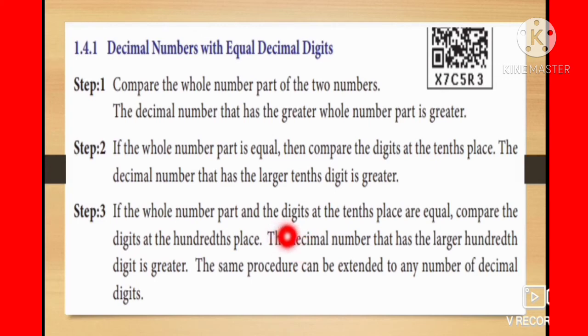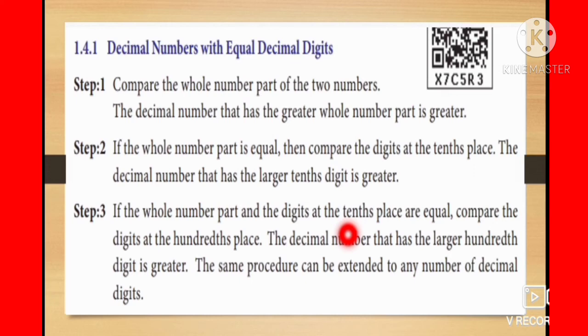So students, for example, 8.36 and 8.39. So the two decimal numbers are given. So here the whole number part and 10th place digits are equal, isn't it? 8.3 and here also 8.3.